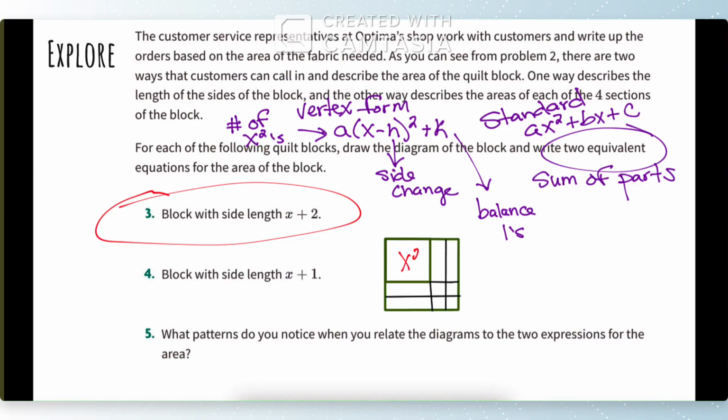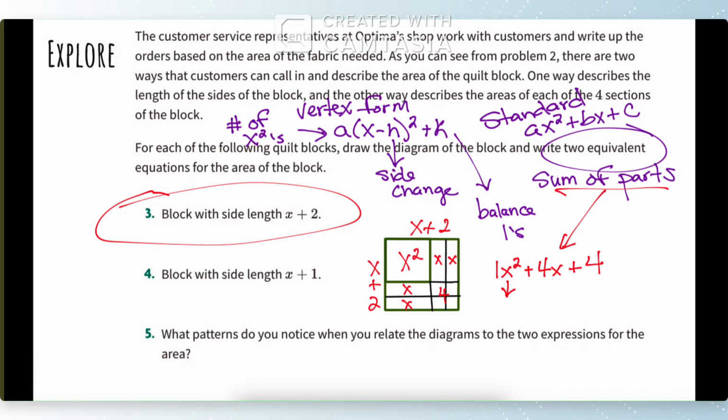Here's my x squared, here's an x and an x, so there's my x plus 2. Another x and another x, so my other x plus 2. 2 times 2 gets me my 4 little ones down here in this corner. If I add up all the parts, I've got a 1 x squared, I've got 4 x's, and I've got the 4 little ones. So that's my sum of my parts.